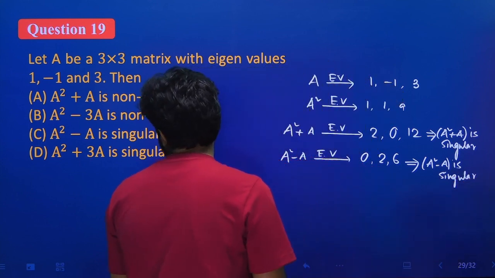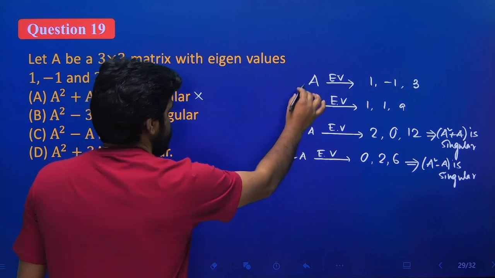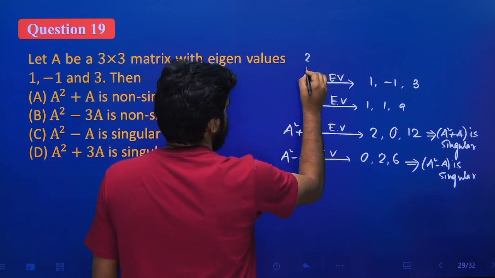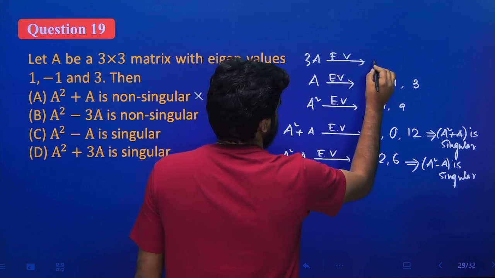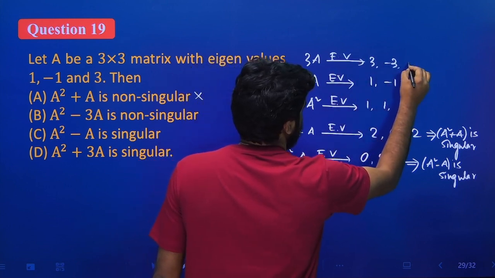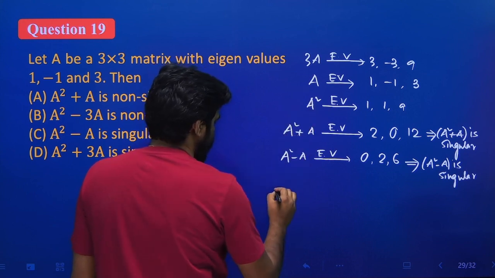Okay. Next, A square minus 3A. 3A multiply karo. So 3A, what are the eigenvalues of 3A? That is 3, minus 3, 9. So A square minus 3A.